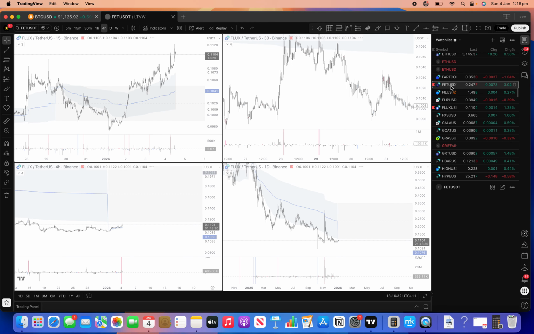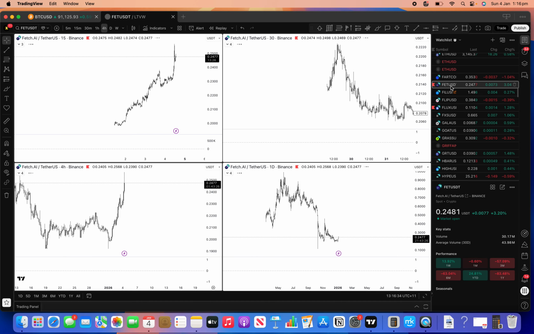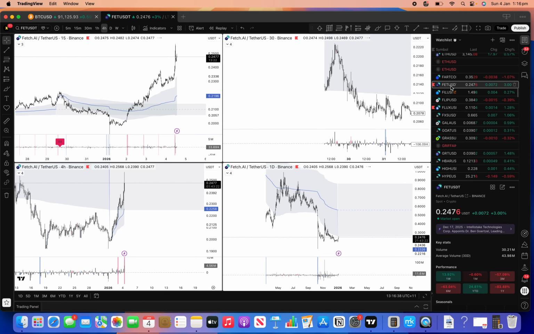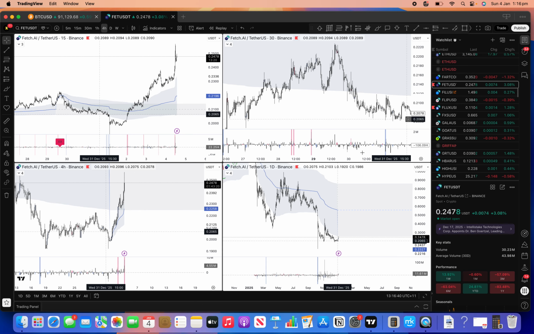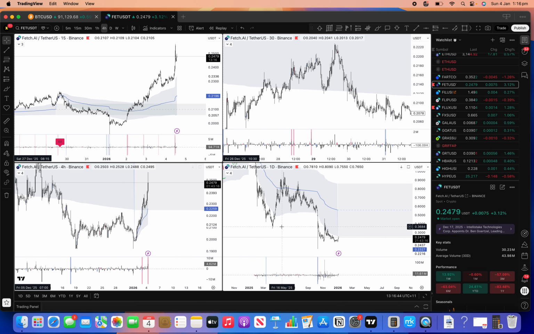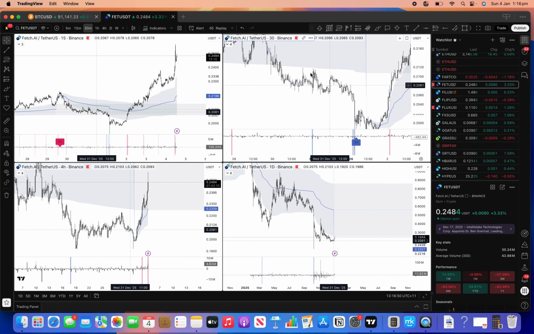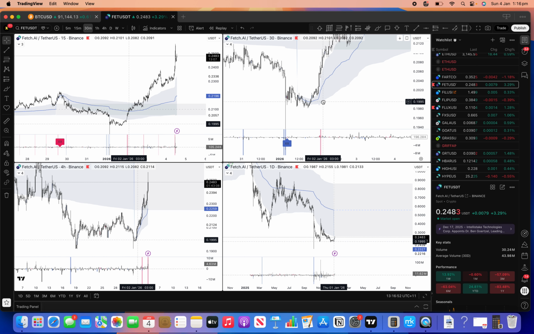Have a look at FET. Computer's running really slow at the moment. FET, what do we have? Well, we've currently got a buy on the 30-minute. Oh no, it's not currently.